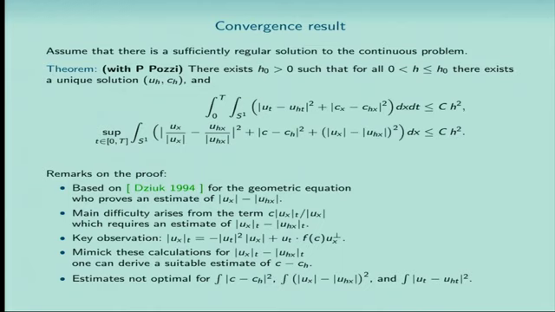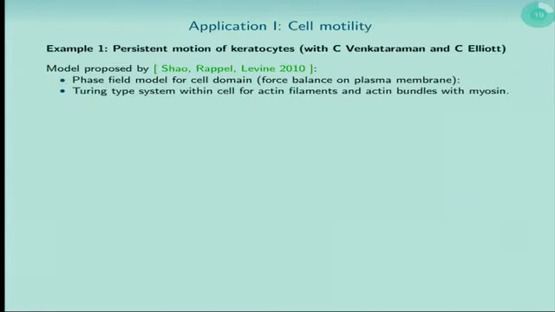So now we've got quite a rigorous and robust setting for these types of problems. Let's see what we can apply it to. And I want to start with the cell motility. The first example concerns the persistent motion of keratocyte cells. This is joint work with Shekhar Venkataraman and Charlie Elliott.